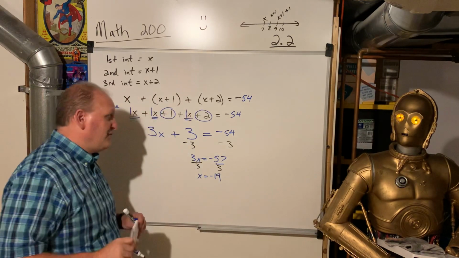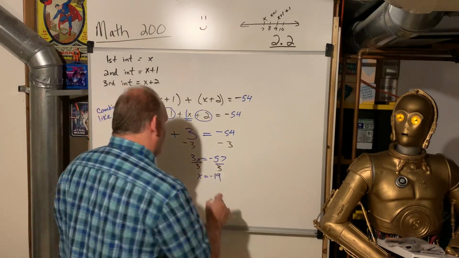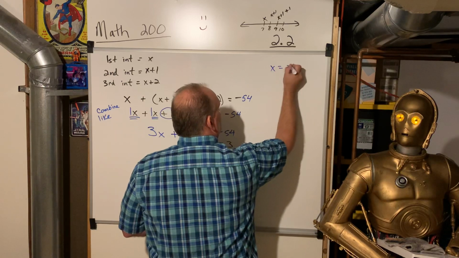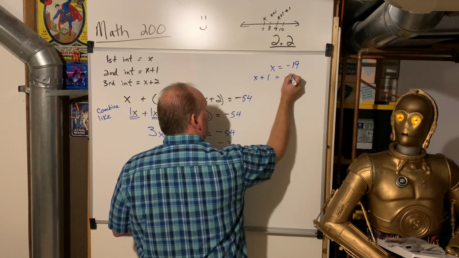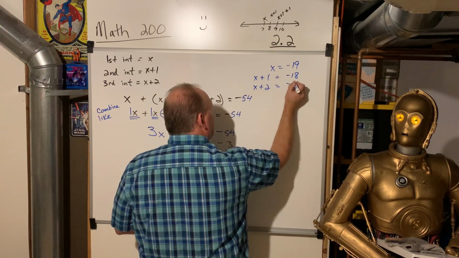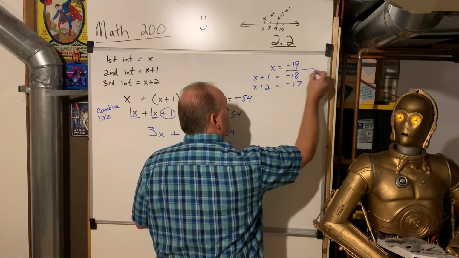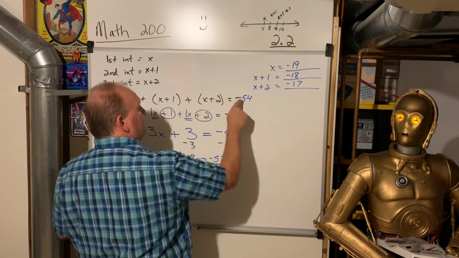Ooh, that's a bit of a different answer. So x is equal to negative 19. That's the first one. Then x plus 1 would be negative 18, and x plus 2 would be negative 17. And then we can check our answer. Are these the 3 consecutive integers that add up to negative 54?